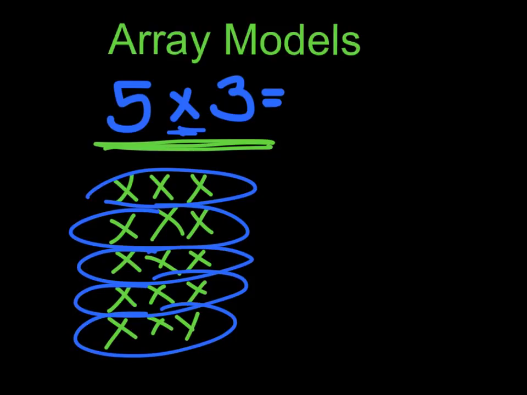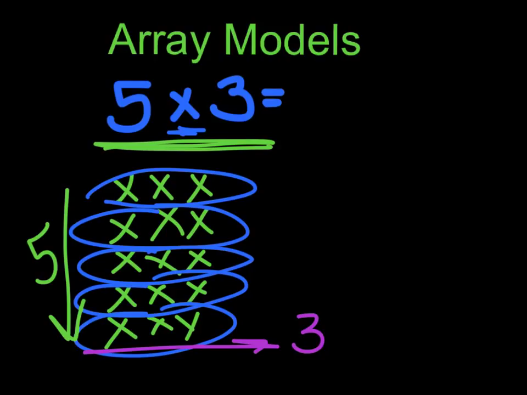I show that it's 5 groups of 3 because this number going down, there are 5 groups, and this number going across has 3 in each group. So I could count these if I needed to, or I could know that 5 times 3 is 15.